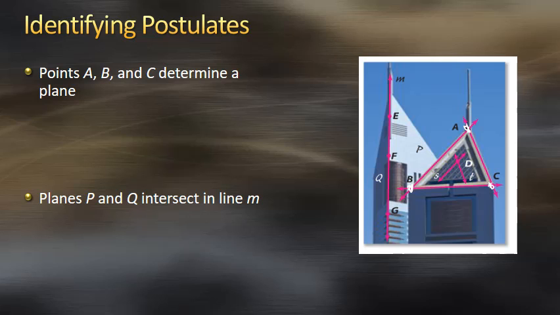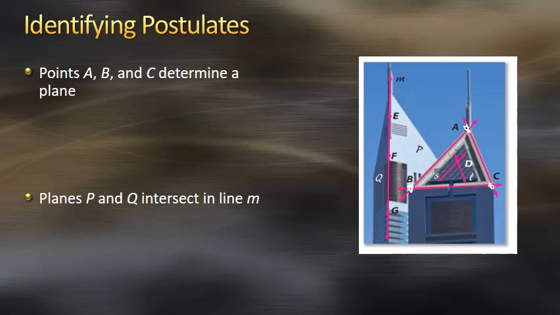In other words, the 3 points themselves are non-collinear. Although we do have some collinear, AB is collinear, and AC is collinear, and BC is collinear, but A, B, and C are not collinear.